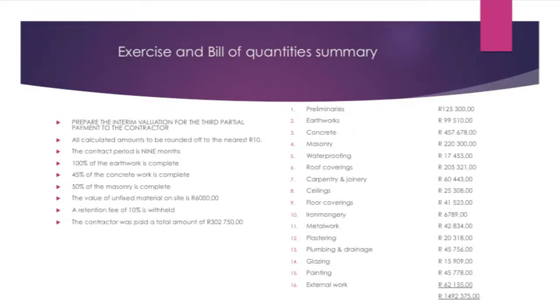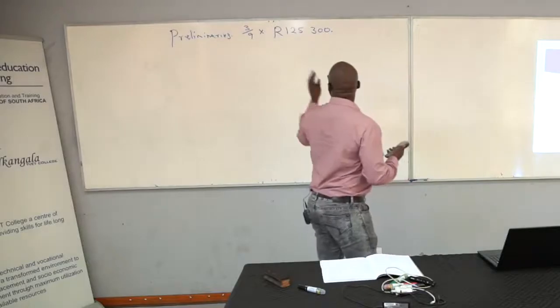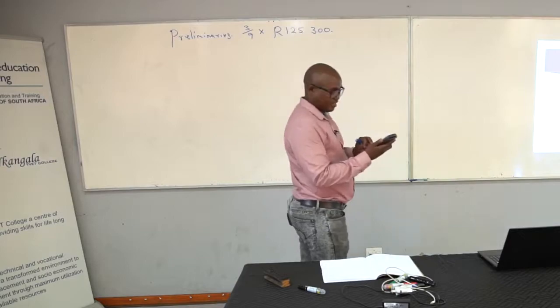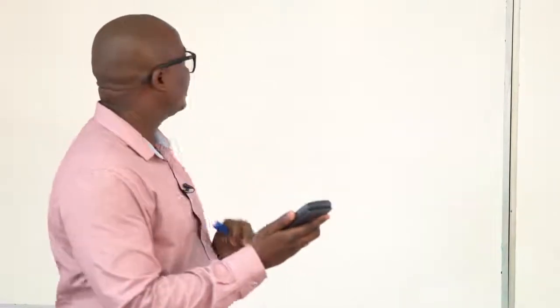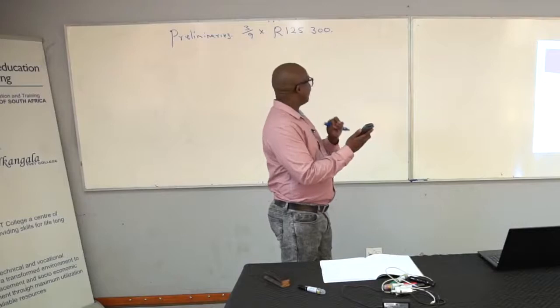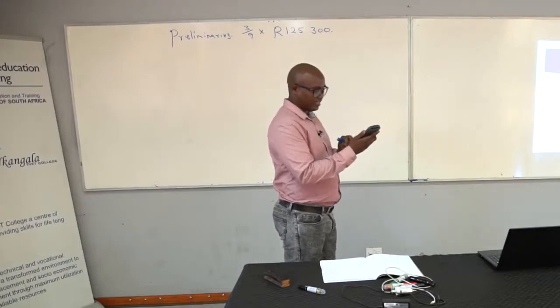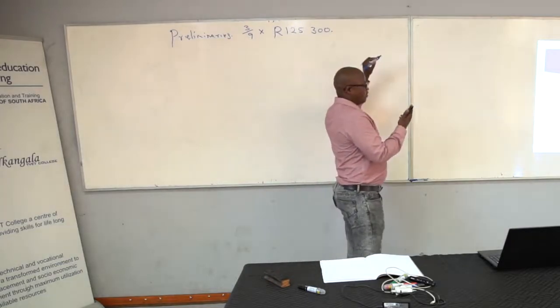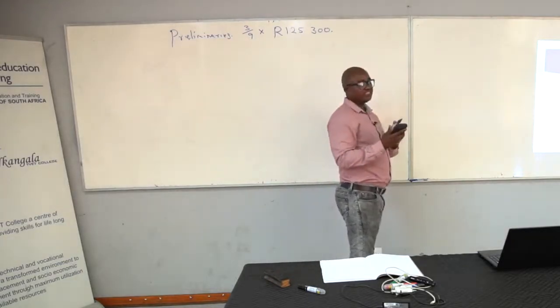125,300. We will have to use the calculator on this one. So for us to get the correct figure for the third month, we say 3 divided by 9 months is equal to, and we multiply that by 125,300, and it gives us 41,766.66.